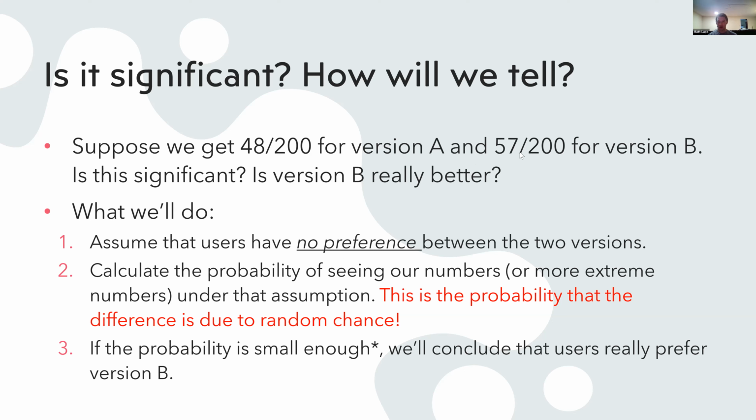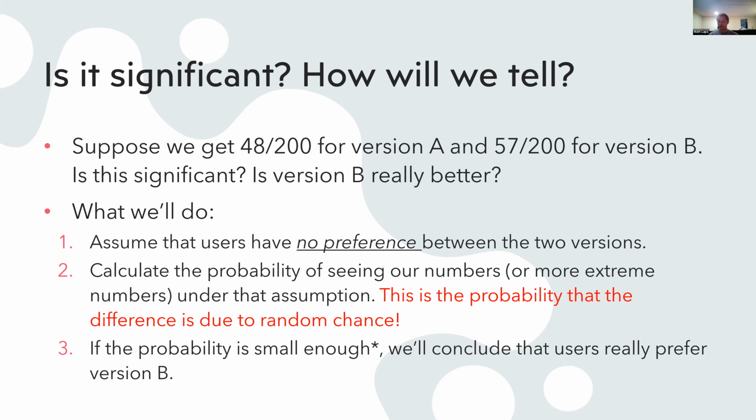So here, 57 minus 48, that's 9. We're going to calculate the probability of seeing a difference of 9 or more between the conversions under the assumption that people actually don't have a preference between these two. What this represents is the probability that the difference we're seeing is due to random chance.